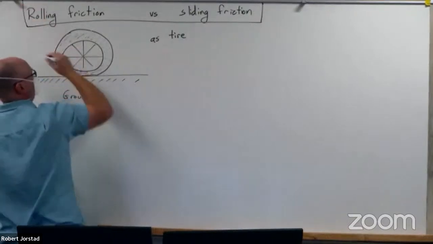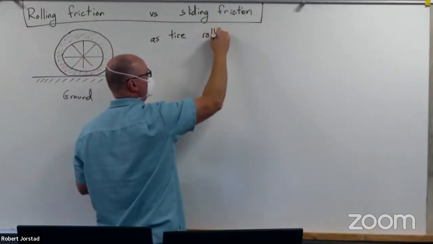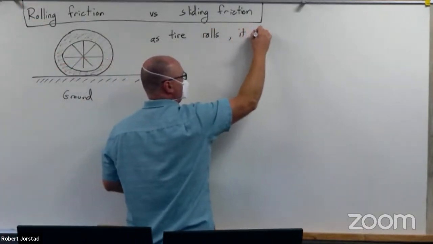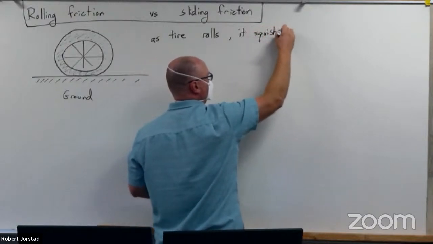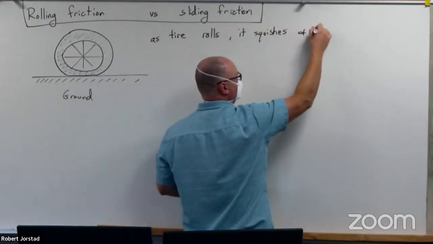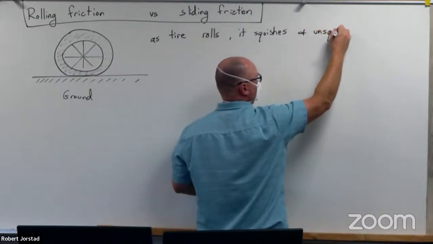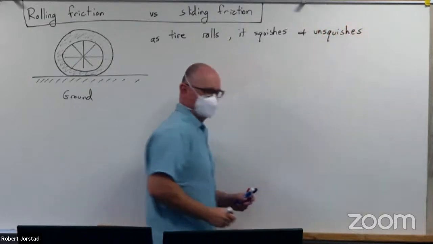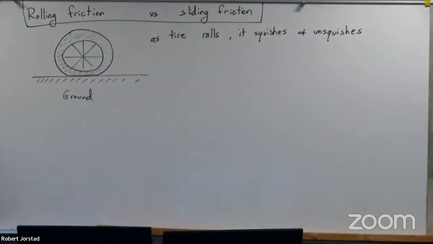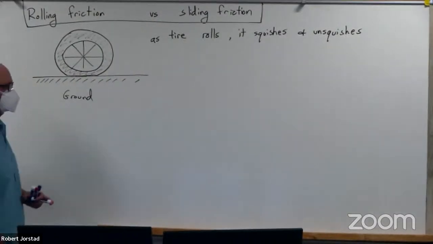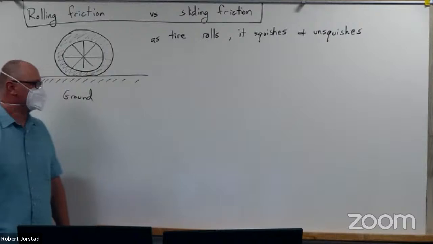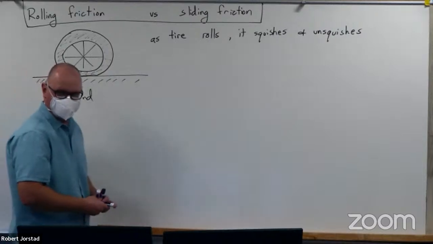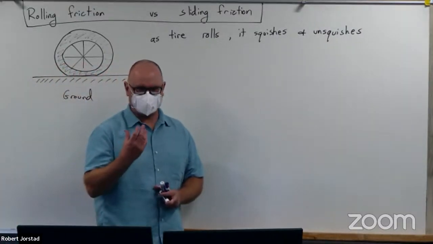there's a title. It squishes and unsquishes. Okay, very technical terms here. You could say it smushes and unsmushes. I think that's what I said earlier today. But this squishing and unsquishing is actually going to cause the tire to heat up.